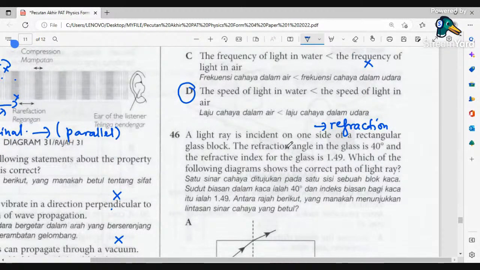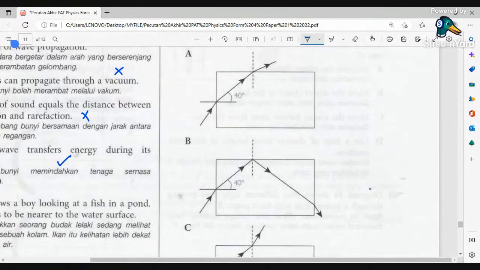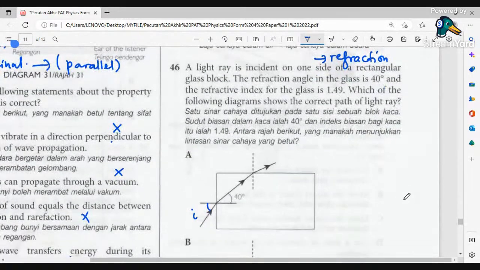46, a light ray is incident on one side of rectangular glass block. Refraction angle of glass is 40 and refractive index 1.49. Following diagram shows correct path of light ray. Okay, kalau refractive index 1.49, you kena check dia punya critical angle, 1 over sin C equals to 1.49.